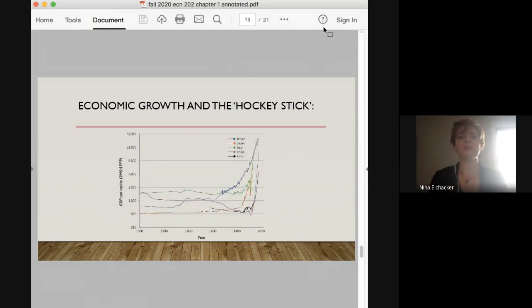All right, economic growth and the hockey stick. This diagram shows up relatively late in the chapter, and it refers to the fact that growth accelerated rapidly, starting in roughly the 19th century.